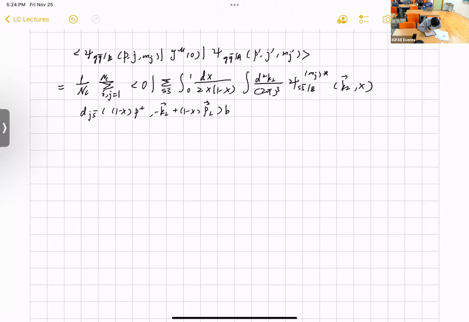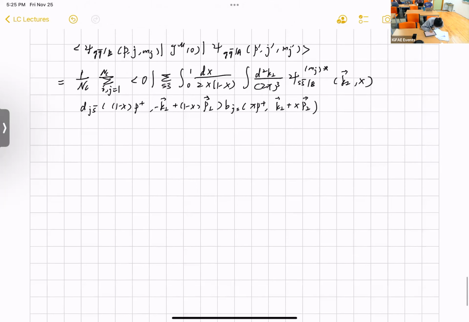So this is still for the meson B. Now it's our turn for the G mu.